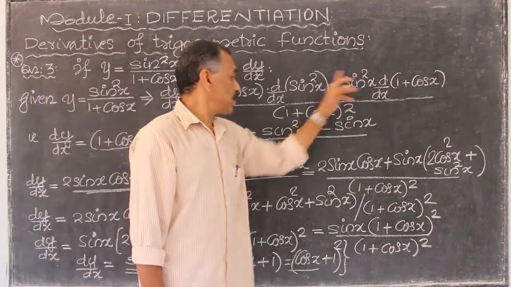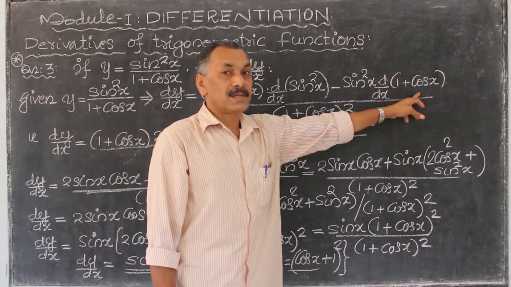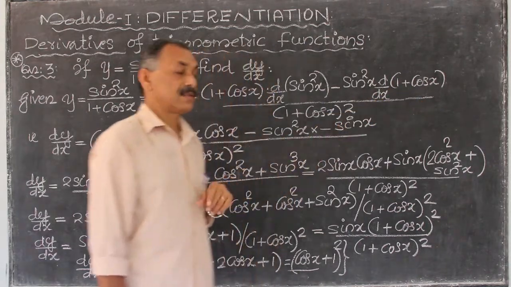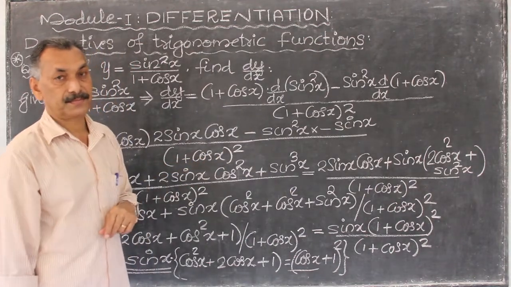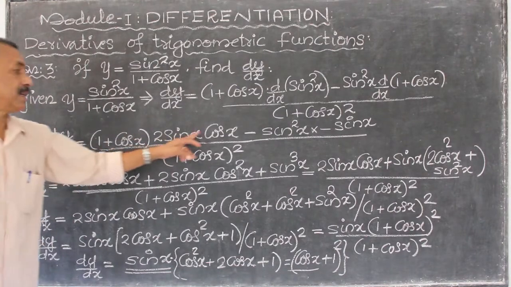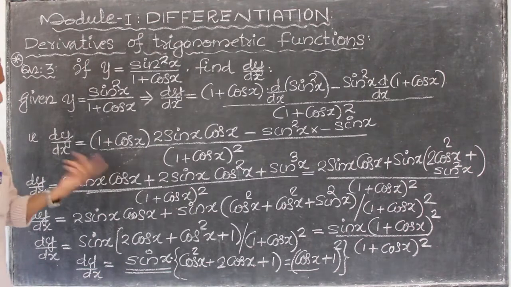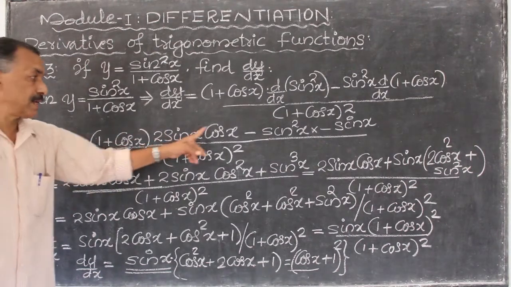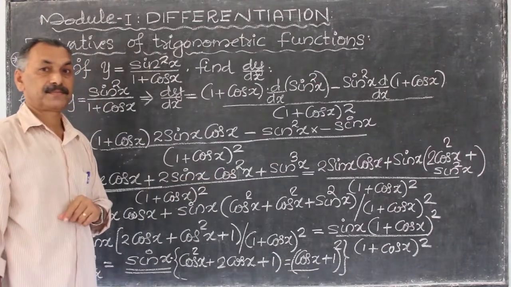Minus sin square x into the derivative of 1 plus cos x, which is 0 plus minus sin x, all divided by the denominator square, 1 plus cos x whole square. That is equal to 2 sin x cos x into 1, that is 2 sin x cos x, plus 2 sin x cos x into cos x, that is 2 sin x cos square x.